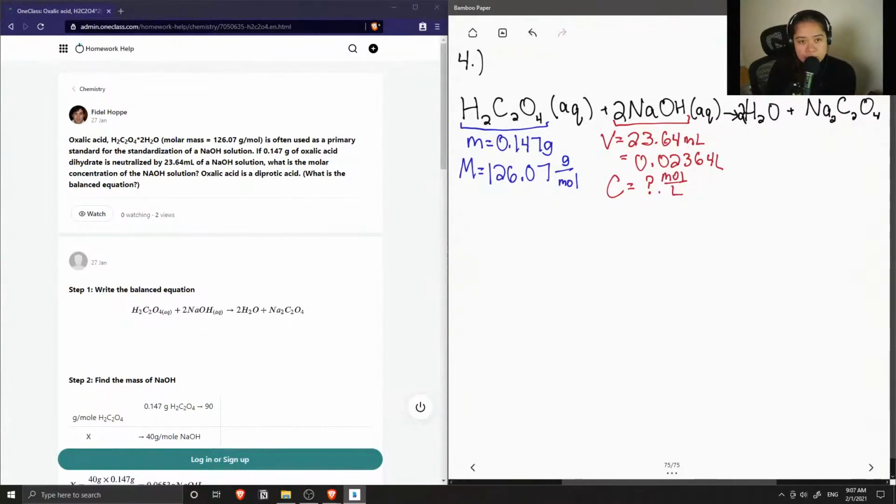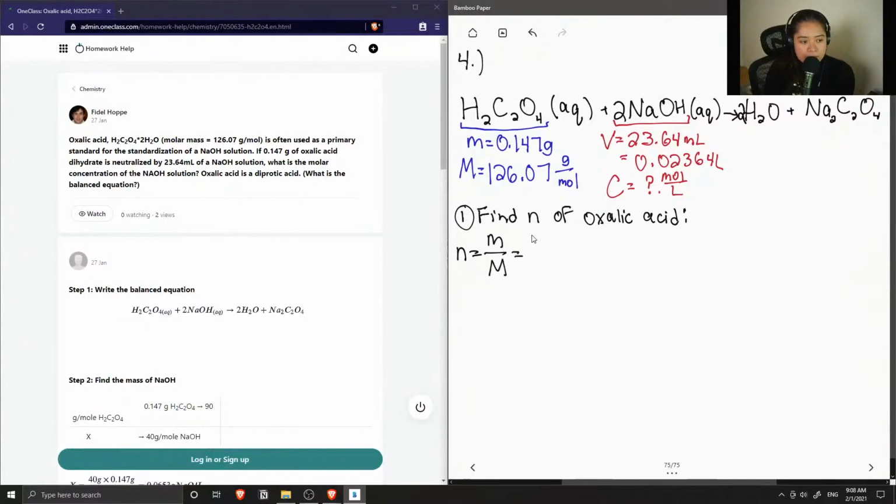Okay, so this is a multi-step question. And step 1 is to find the number of moles of oxalic acid. So we can do that by dividing the mass by our molar mass.